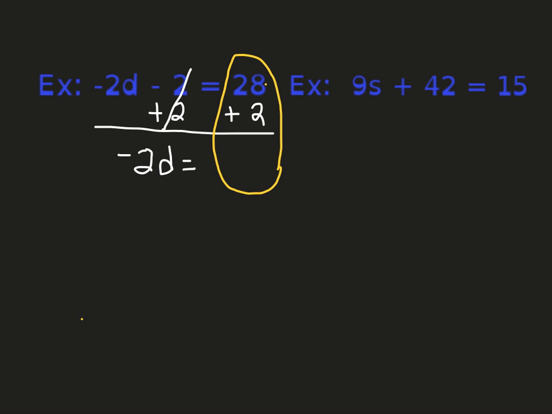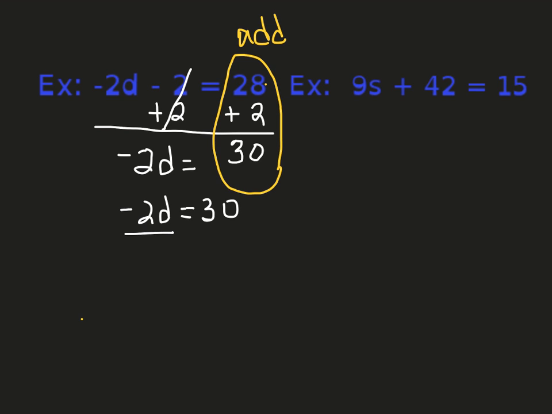I have a positive 28 and a positive 2. So I have like signs, so I'm going to add. Okay? And keep the sign. So what's 28 plus 2? It's 30. Alright, since I messed that up, I'm going to rewrite it, which you don't have to do, because you probably won't be messing yours up.